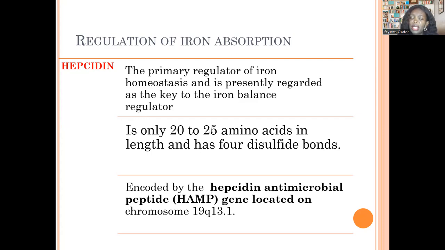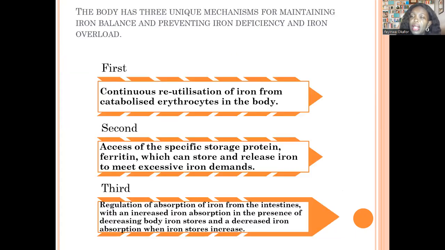This gene is located on the long arm of chromosome 19, position 13. Hepcidin is the primary regulator of iron homeostasis and is presently regarded as the key to iron balance regulation.